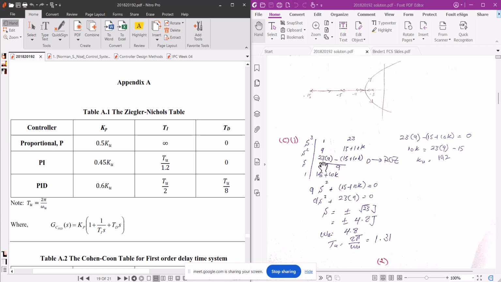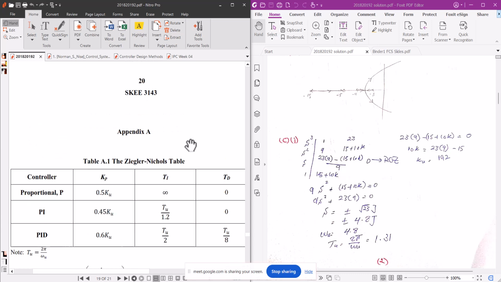By theory, if one row of the Routh-Hurwitz table becomes 0, the system becomes oscillatory. Its poles lie on the j omega axis. Because of the oscillatory system, we have zero real part, but some imaginary part.